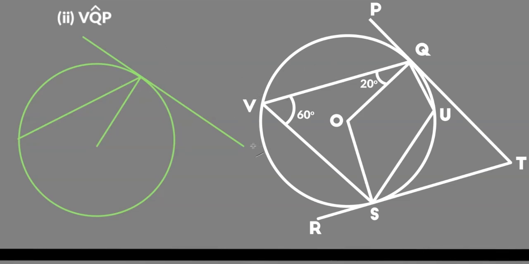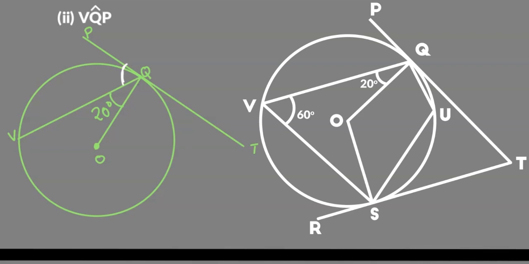What we're supposed to remember is that they told us, if we look, TP is a tangent at the point Q, and then we have this point here which touches the center of the circle, point O. Then we've got V. We've been given the angle VQO, the angle here. They've told us it's 20 degrees, and now they're asking us to find the angle here. That angle is being referred to as VQP.